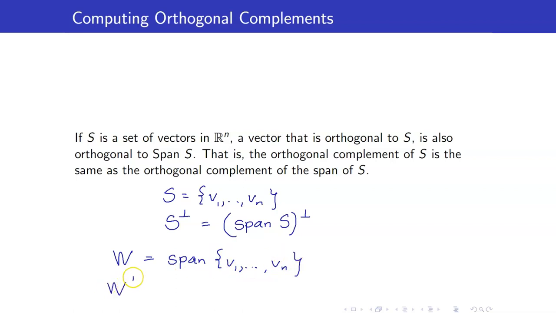To get the orthogonal complement of W, all you have to do is to get the orthogonal complement of the elements that span it.